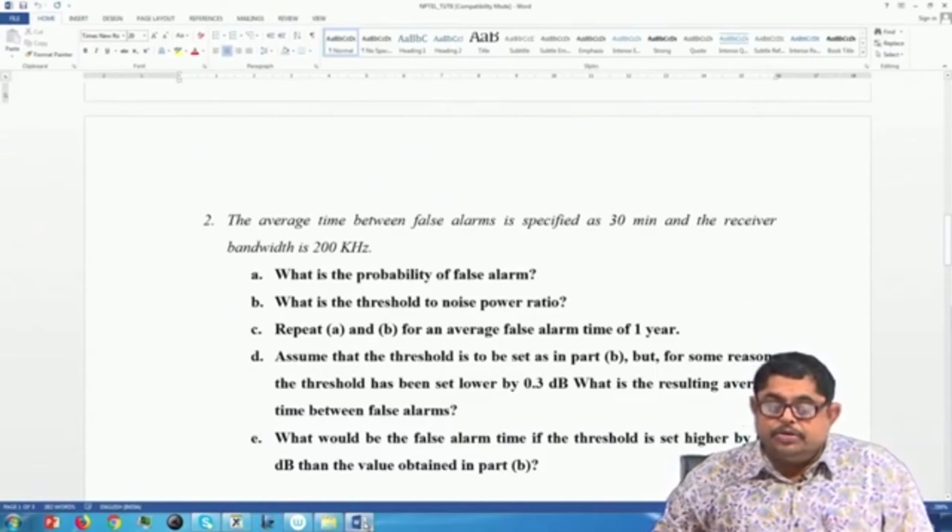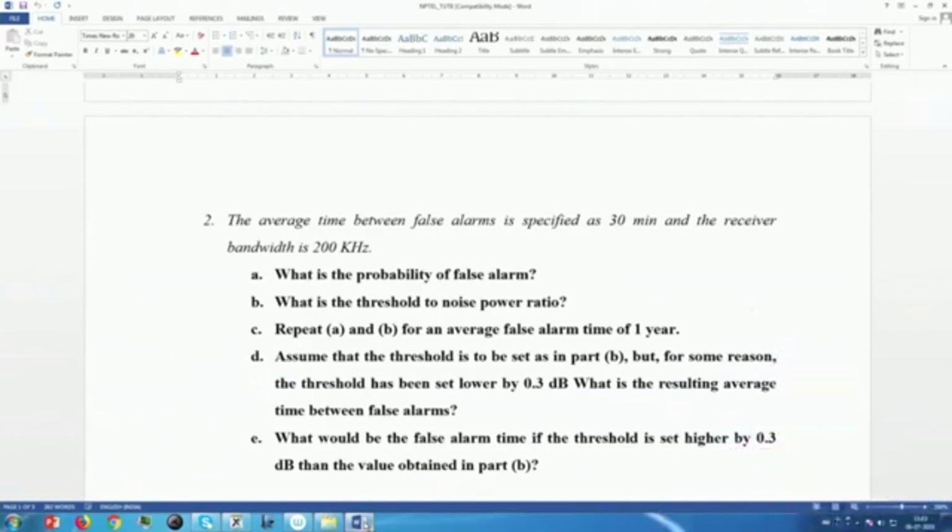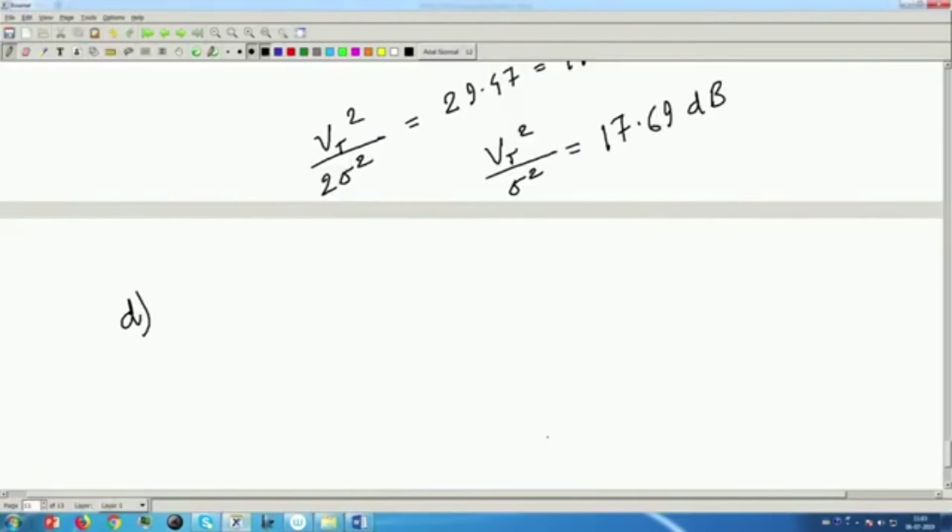Assume that the threshold is to be set as in part B, that means the first case, but for some reason the threshold has been set lower by 0.3 dB. What is the resulting average time between false alarms? Good. So, by mistake or by something, suppose you have made a 0.3 dB difference. You see Vt is the threshold voltage, so that is why I am using 20 log.